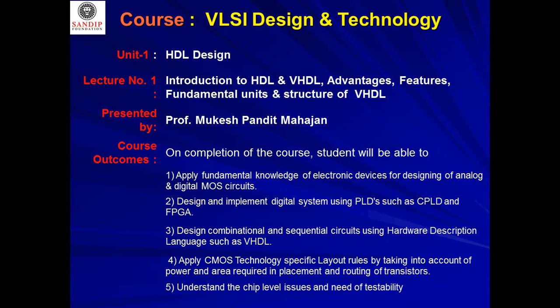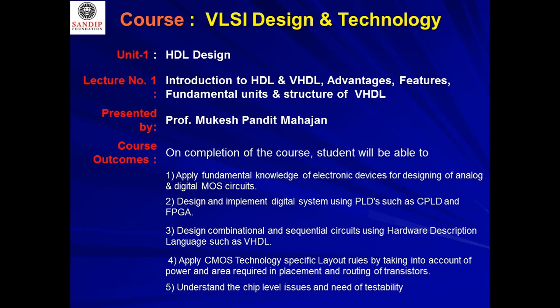After learning this course, what will the course outcomes of this subject be? First, apply fundamental knowledge of electronic devices for designing of analog and digital CMOS circuits. Second, design and implement digital systems using PLDs such as CPLD and FPGA.